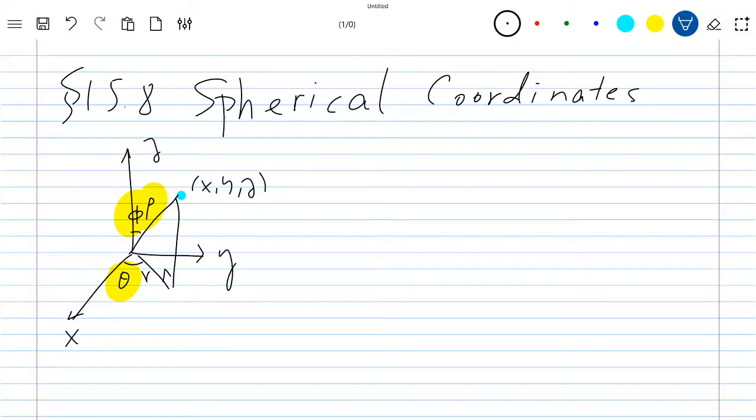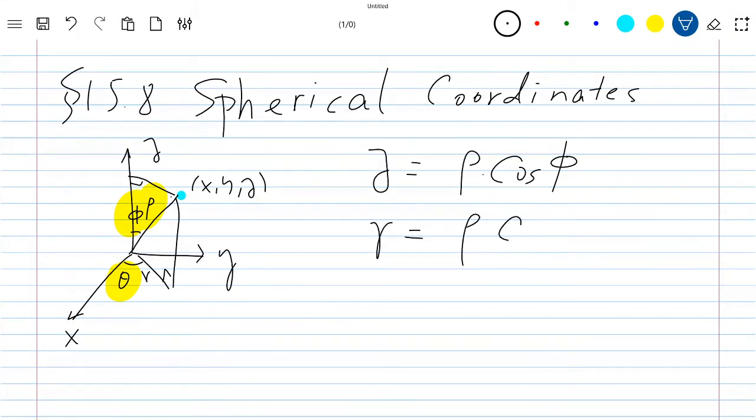First, if we know rho, theta, phi, we can write down z as rho times cosine phi, right? Because you can project onto the z-axis. So you get this right triangle, and correspondingly r equals rho times sine phi, right? That's the projection onto the xy plane.